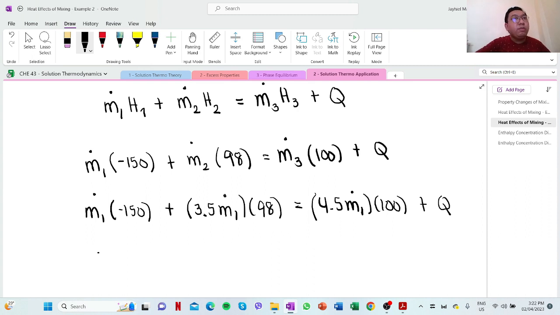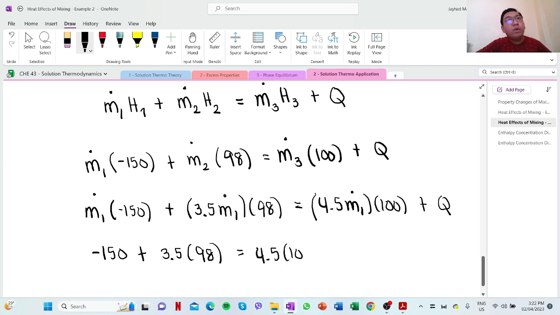In that case, that will be negative 150 plus 3.5 times 98 is equal to 4.5 times 100 plus Q over M1 dot.